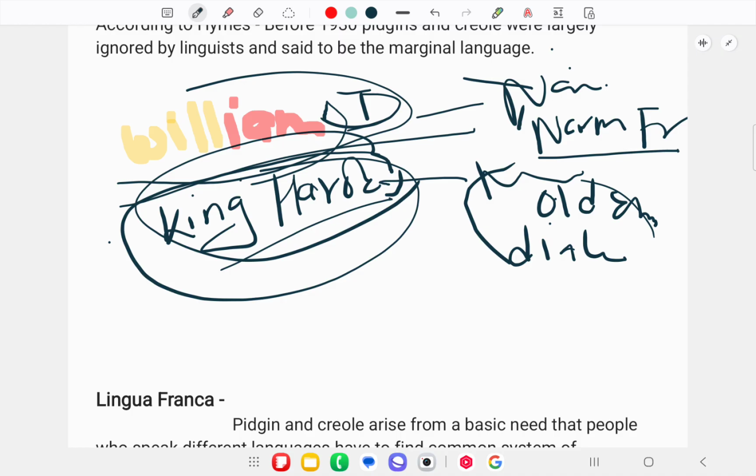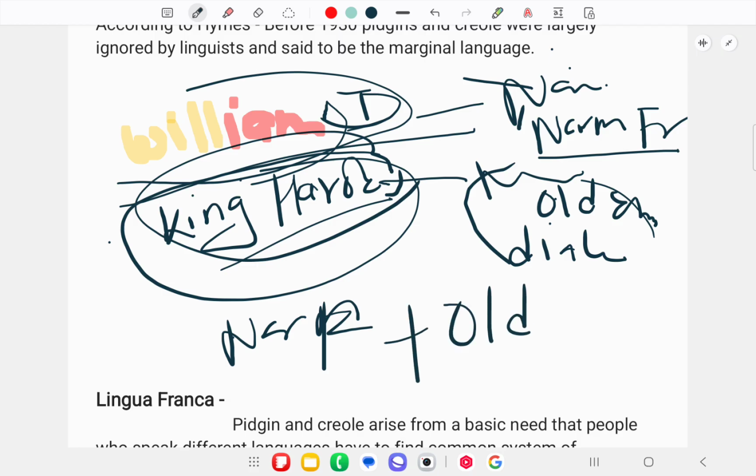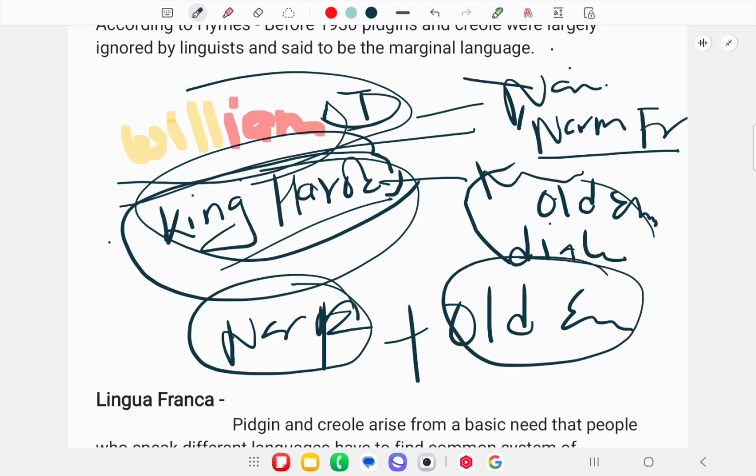So there was the language of Norman French and the language of the Old English dialect. The people who belonged to Normandy used to speak Norman French, and the people who belonged to the Anglo-Saxon dynasty spoke the Old English dialect.